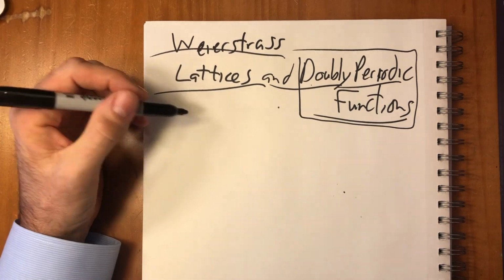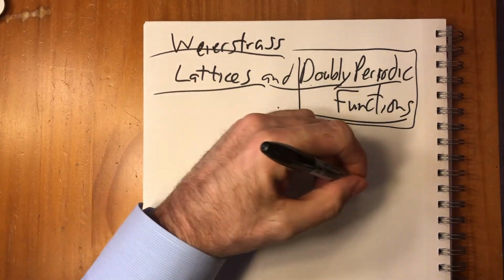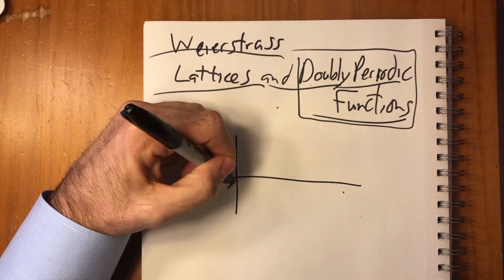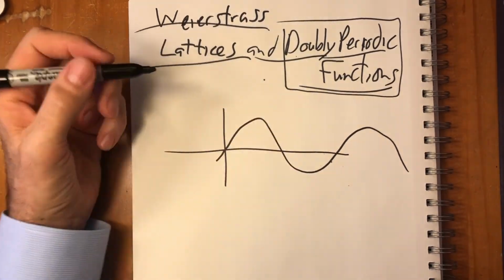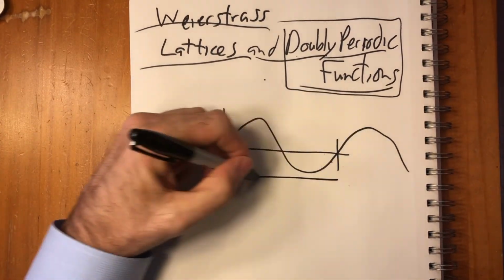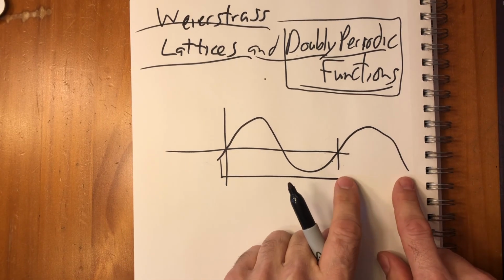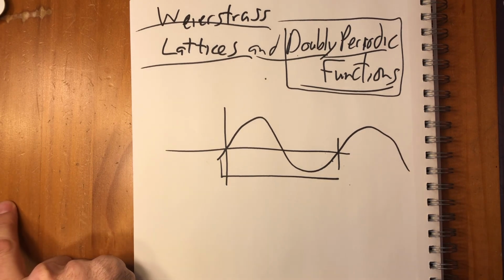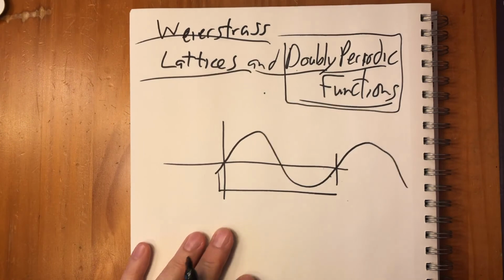Well, in one dimension, in real numbers, a periodic function is something like a sine wave. It literally repeats, right? It has a period. If you multiply it, 1,000,000 times 2 pi, you're going to get the same thing. 1,000,000 times 2 pi in the negative direction, you're going to get the same thing. It's periodic, goes on forever.